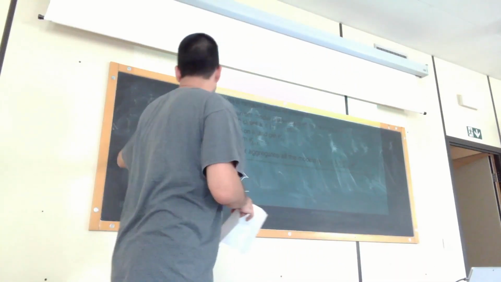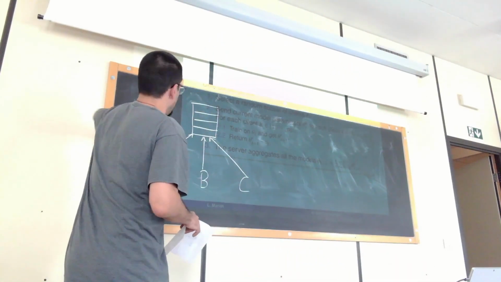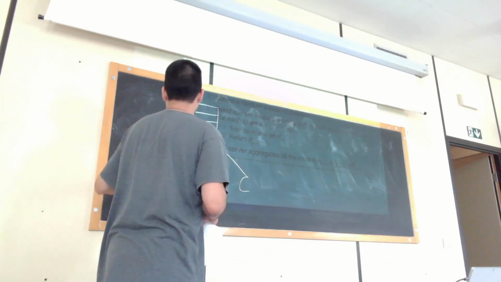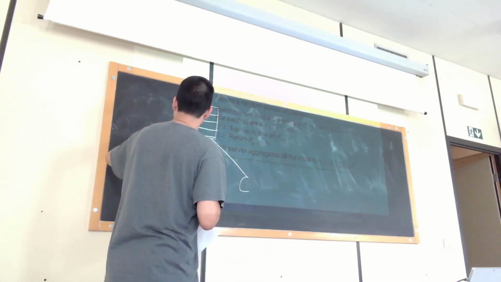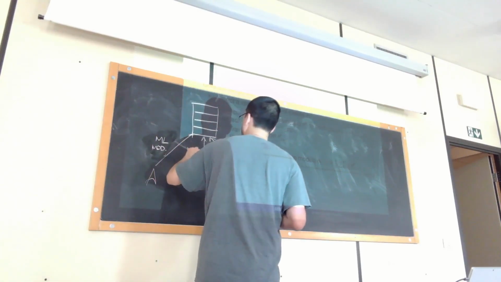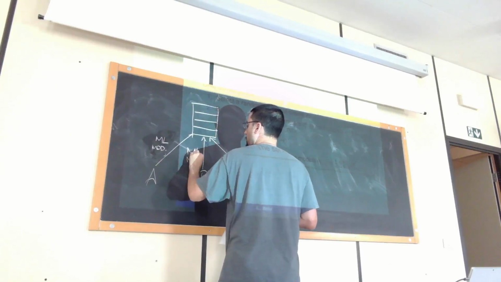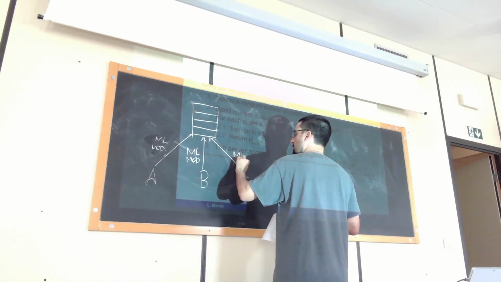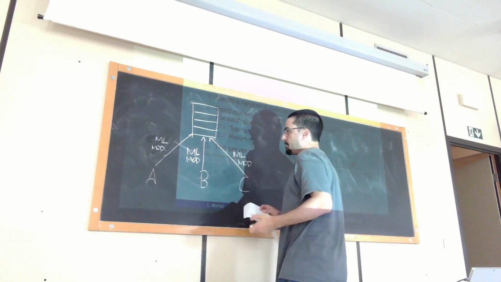So better, what federated learning does is to say, instead of giving directly the data, we'll give an ML model. A machine learning model here, a local machine learning model here, and a local machine learning model here.